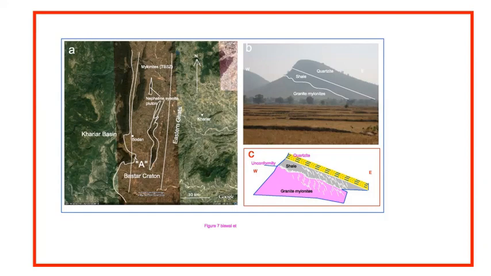So what does it imply? That means the Eastern Ghats sediments, which produced khondalites and other rocks within the Eastern Ghats, must be contemporary with these Purana rocks. Maybe it started at 1.8 billion years. Around that, the sedimentation started.